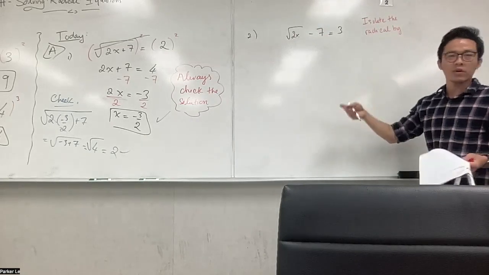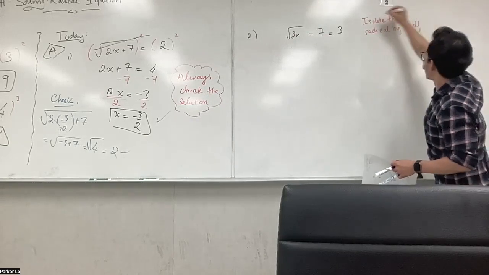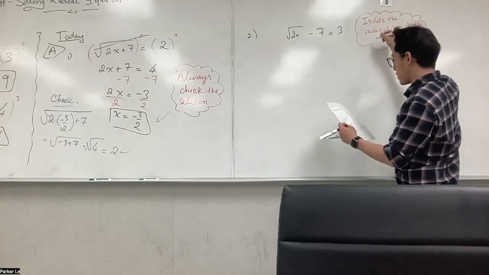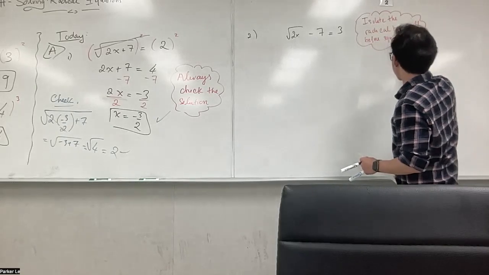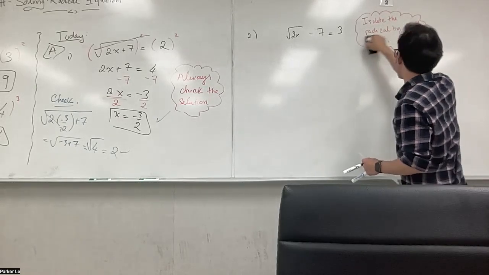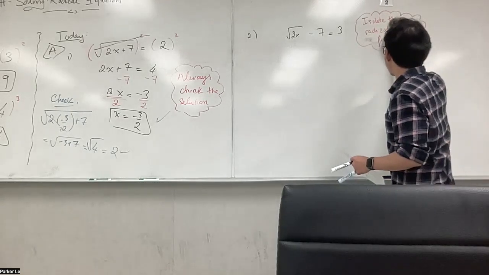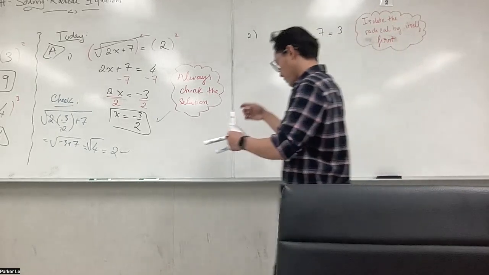So in general, they call it a radical. So you need to isolate the radical by itself before you square it. Maybe you can write before squaring it. Oh, actually no, you get the idea. So isolate the radical by itself first. That's the note. Okay.